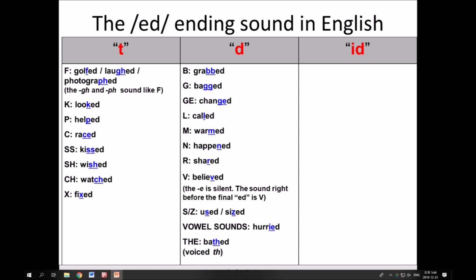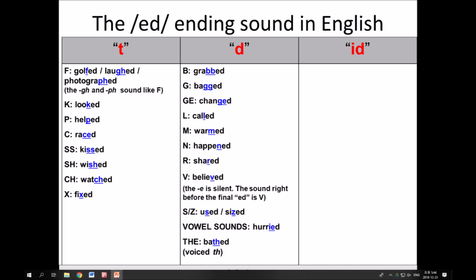All right, and then the single S or Z sound, for example, in use or size, we pronounce like used and sized. All right, and vowel sounds also are pronounced with the D sound at the end. For example, hurry, hurried. Okay, and finally, voiced TH sound, like in bathed or clothed or something like this.